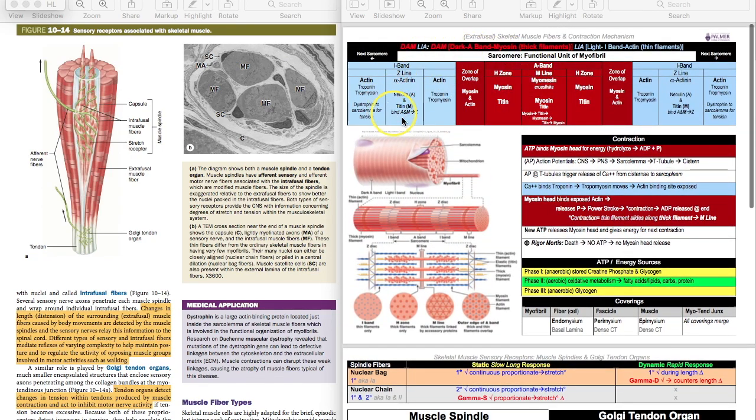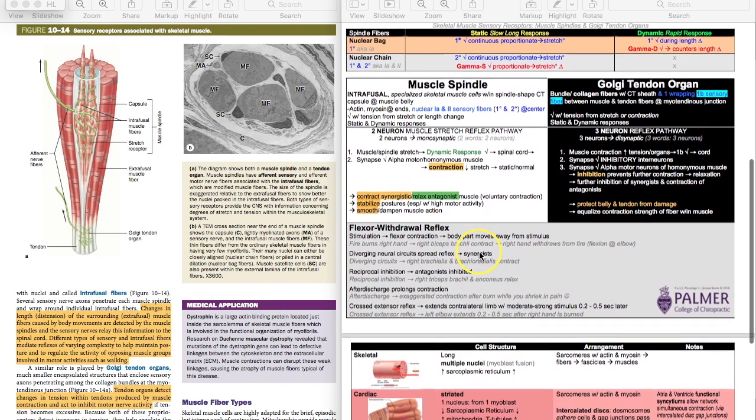They don't functionally contract within the sarcomere. They just respond to the contraction around them by the rest of the muscle. They're little tiny, like 2 millimeter long sensory organs, basically, and they're going to be within your muscle belly.